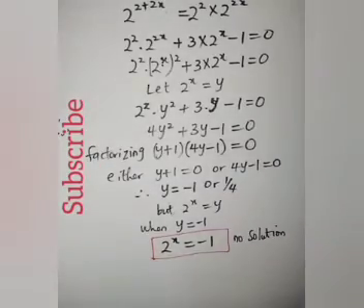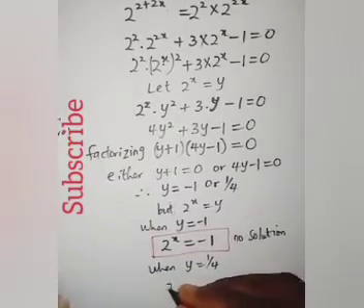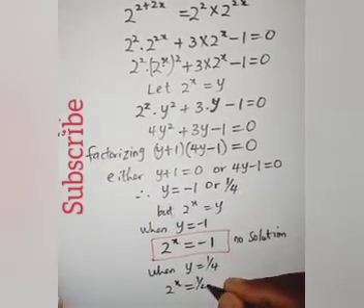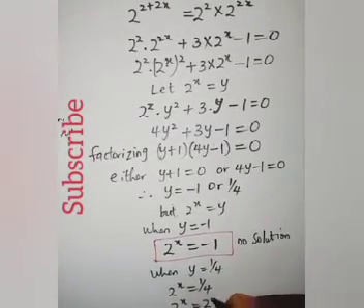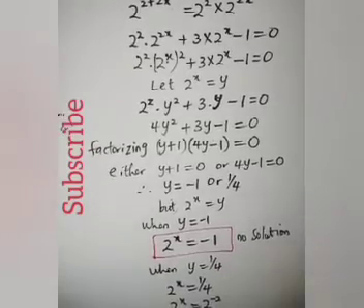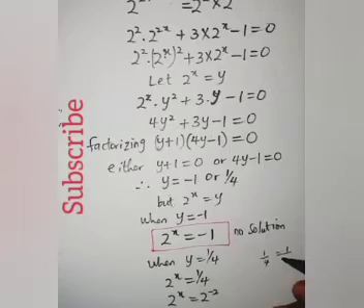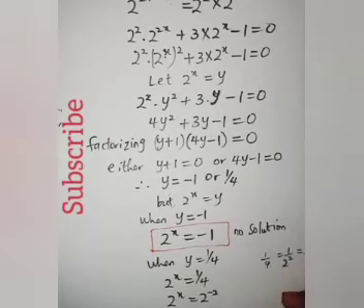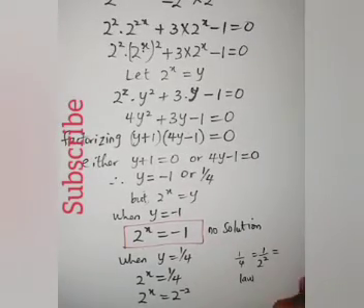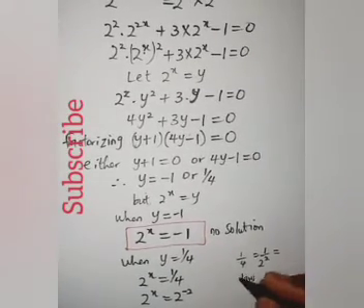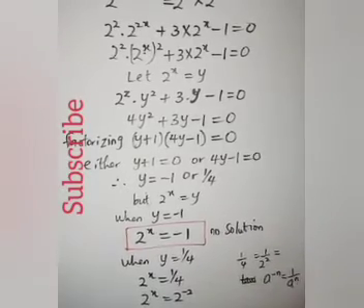So when y equals 1/4, I have 2 to the power of x equals 1/4. Then I have 2 to the power of x equals 2 raised to the power -2. Basically, 1/4 means 1 over 2 squared. From that law I gave you, a to the power of -n means 1 over a to the power of n.